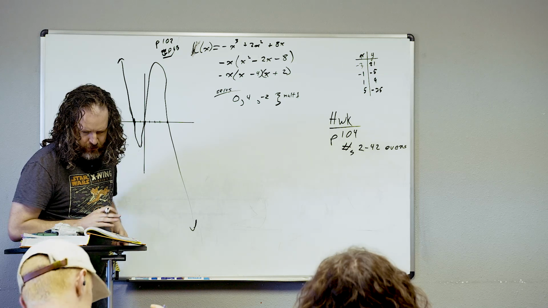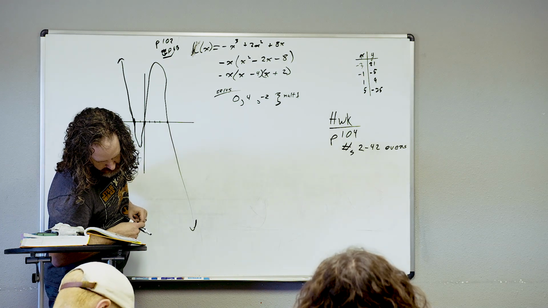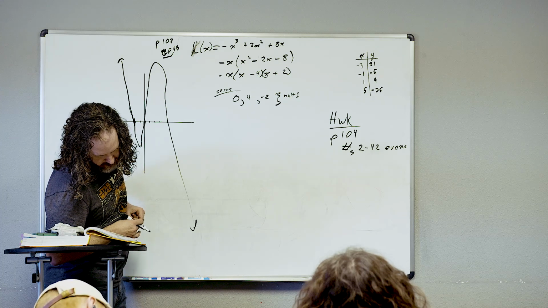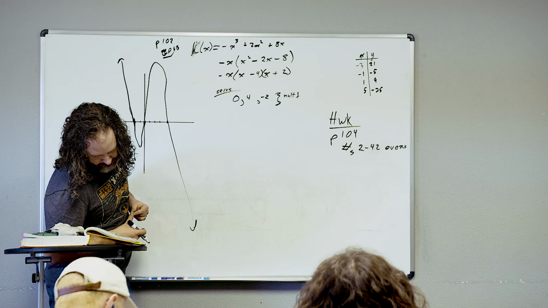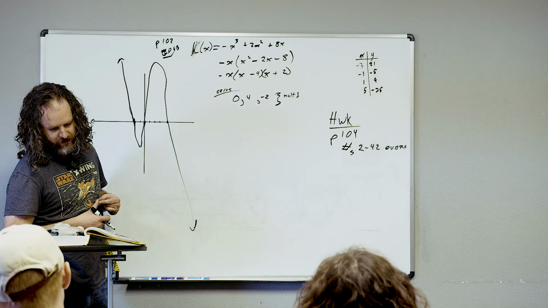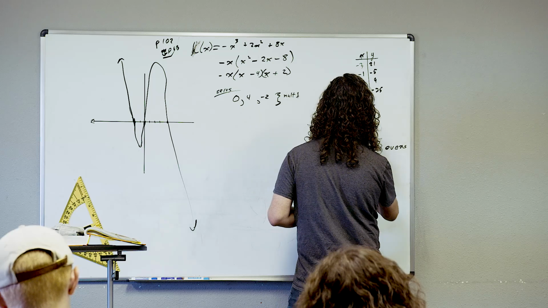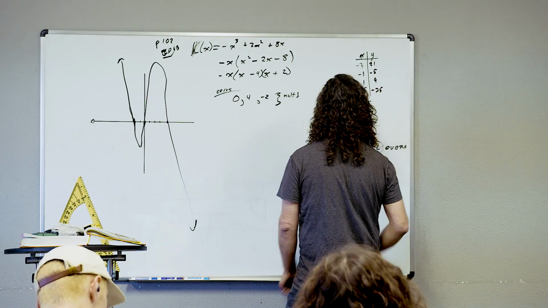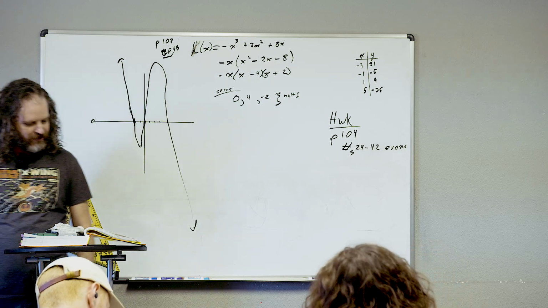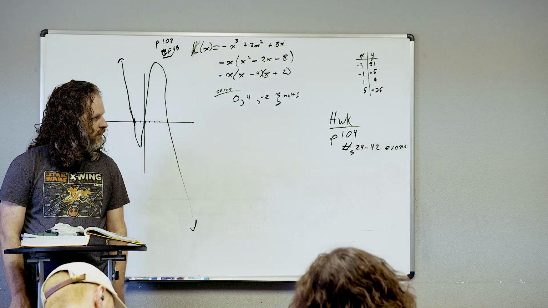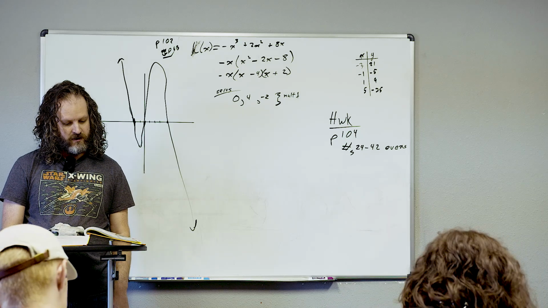Honestly, I think that's reasonable with all the graphs. 24 through 32. The 32 or 42? 42, definitely 42. Oh, you said 32, and I was like, what? I don't know what I said, but 24 through 42.